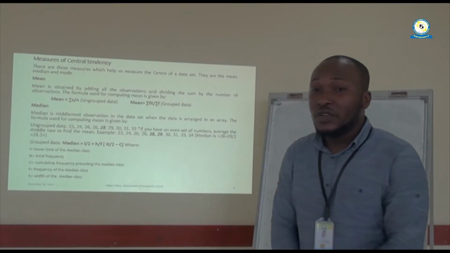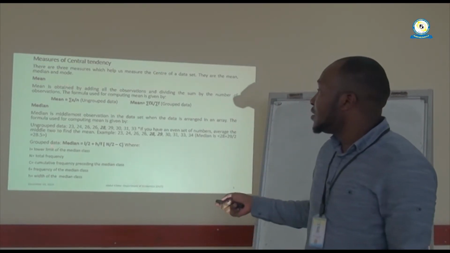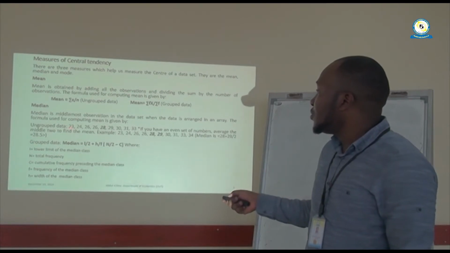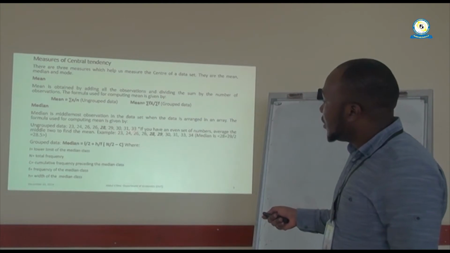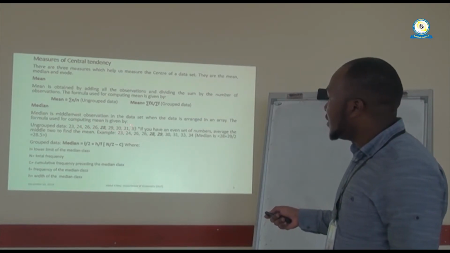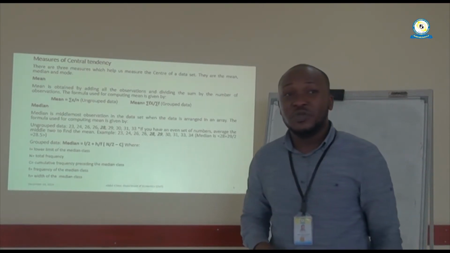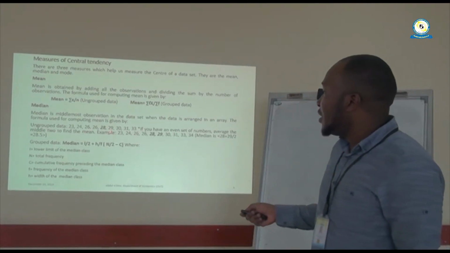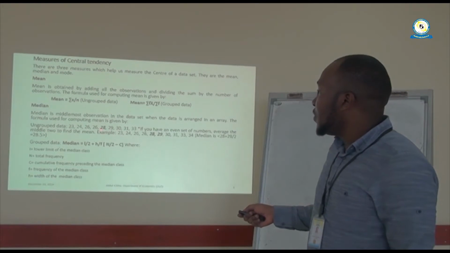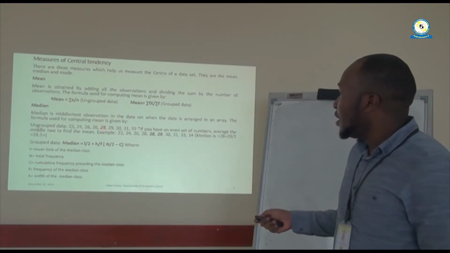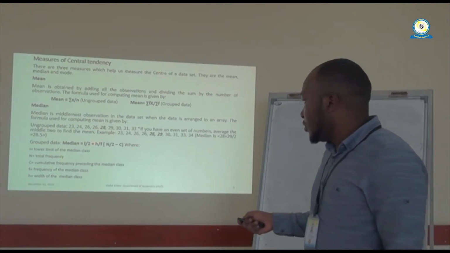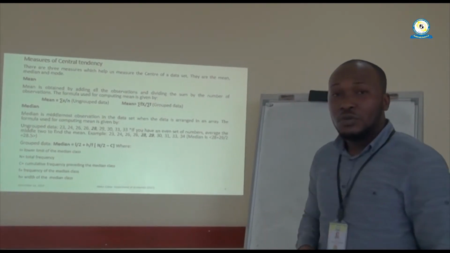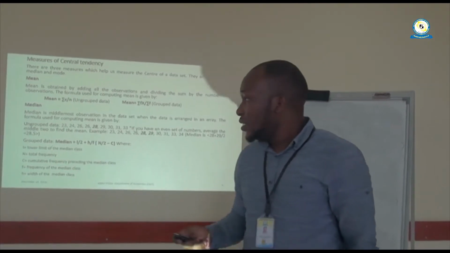For ungrouped data, the middle one, as you can see in the example, 23, 24, up to 33. If you count 1, 2, 3, 4, 5, 6, 7, 8, 9, the middle number among 9 numbers is the 5th number, which is 28. But look at another example: what happens when you have 2 middle numbers?